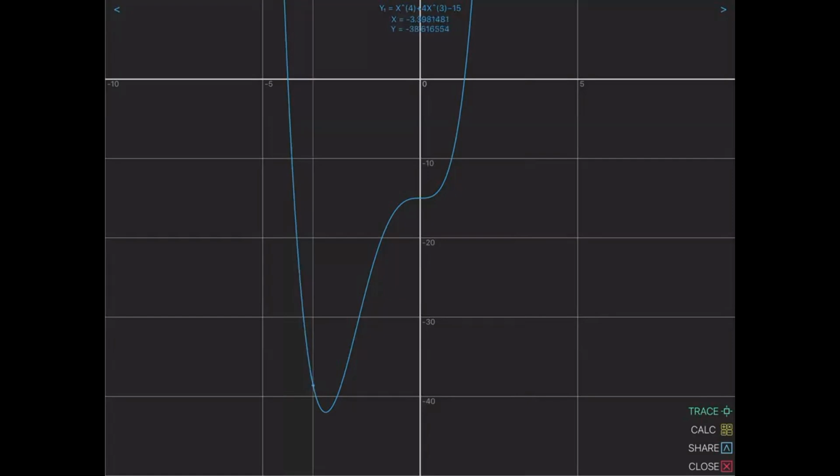So again, here we see our relative minimum at -3, -42. Before it hits that relative minimum, our function is coming down, it's decreasing. And notice when it's decreasing, it has an upwards type of shape, like an upwards parabola, so it's concave up around that area. Then somewhere around -2 here, it starts to come down a little bit, and the function zeroes out at this next critical number at 0, -15.